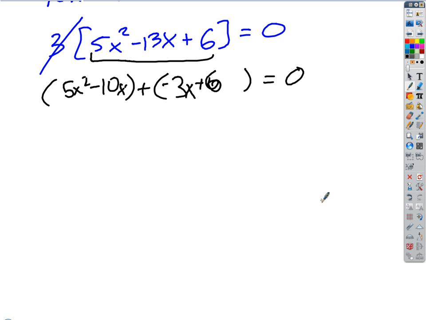What brave soul? I'll rewrite this so you can see it a little better. I want some brave volunteer to come up here and push this process forward a little bit more. That was a 10x, right? Yeah, negative. Okay, who's next? Come on up.